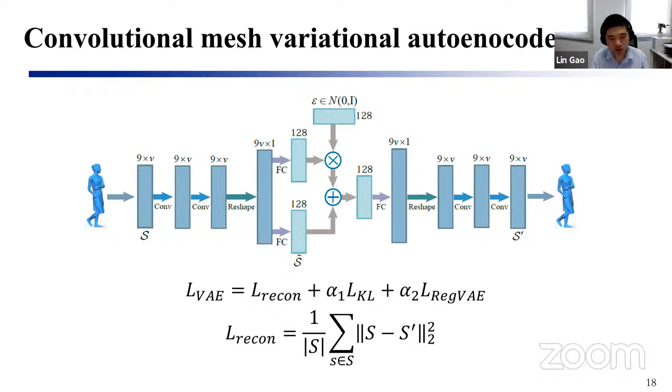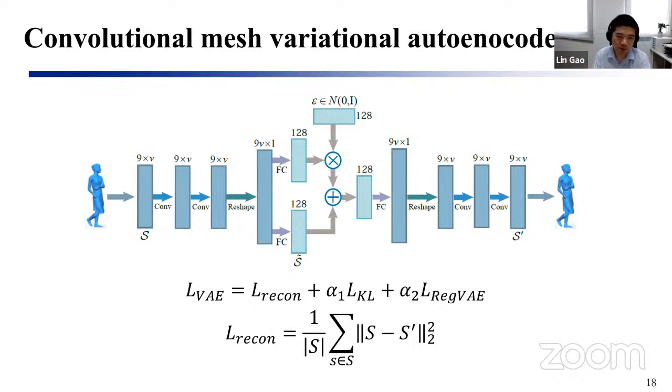After two convolution layers, we reshape the feature into a much larger vector, and then we do the full connection to the variance and mean. This is the architecture of the variational autoencoder. The decoder is the reflective design of the encoder network.